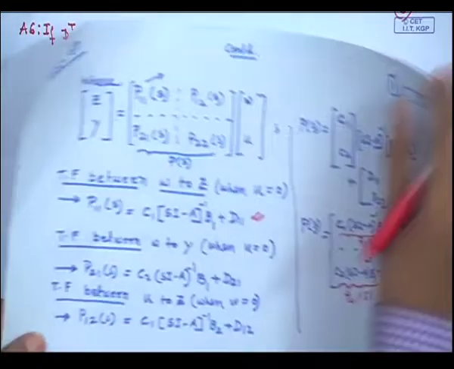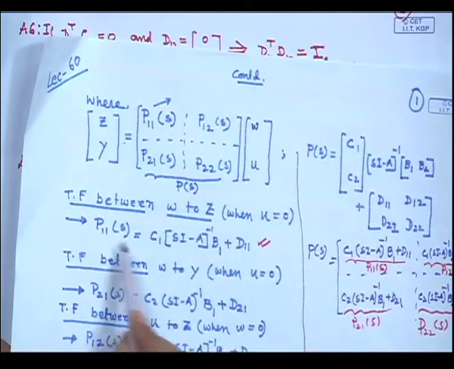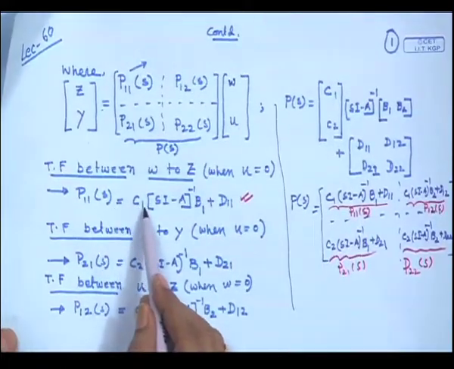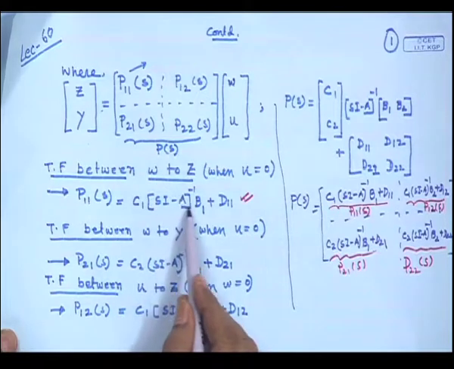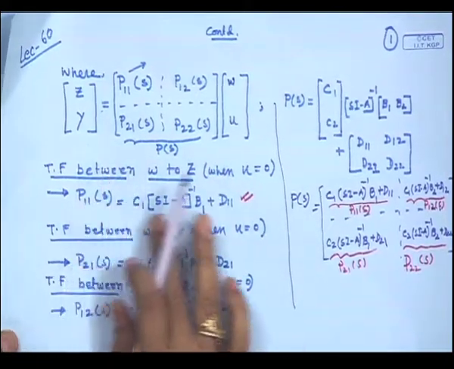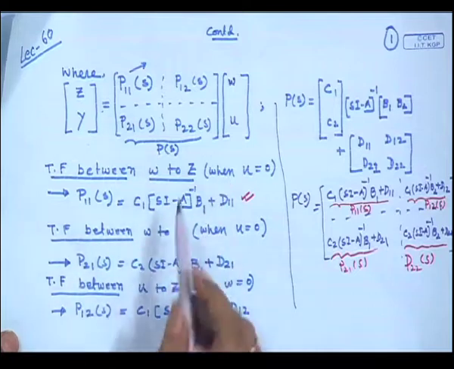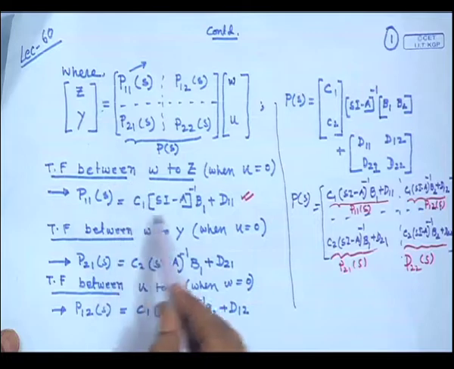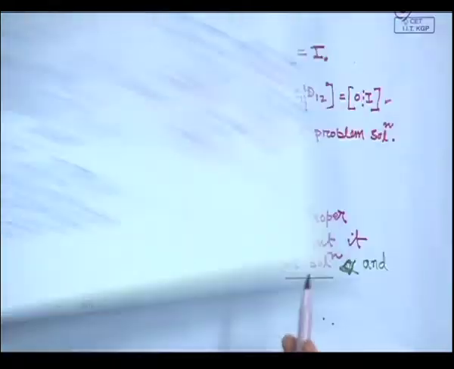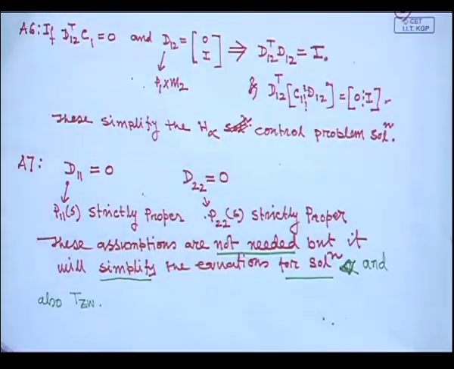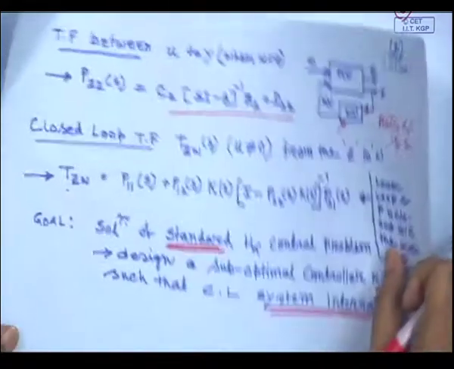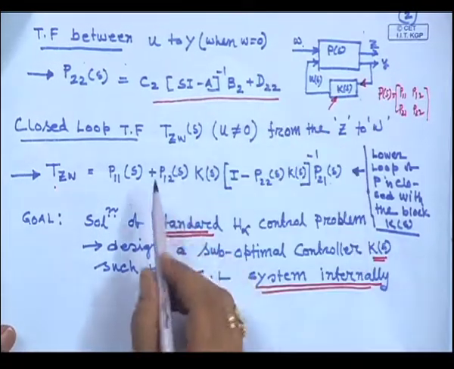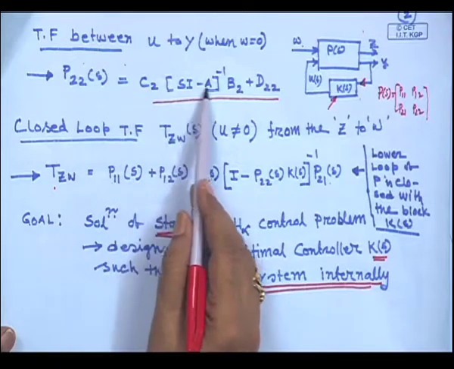If this is 0, that means our P11(s) is equal to C1 (sI minus A) whole inverse B1. So, this P11 matrix, which is the transfer function between W and Z, will be a strictly proper transfer function. Similarly, if D22 is 0, then we have C2 (sI minus A) inverse B2.